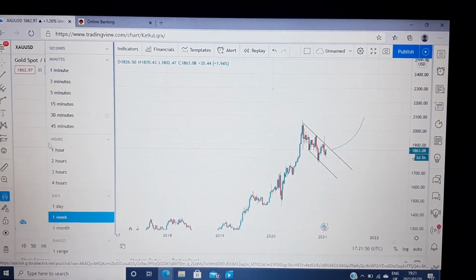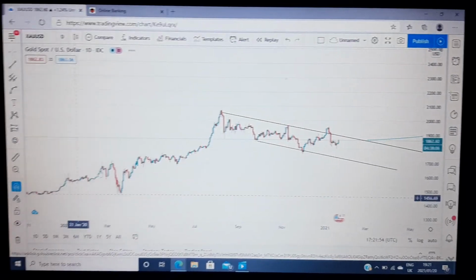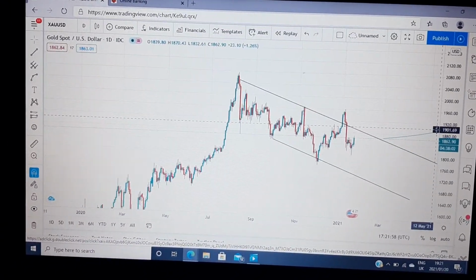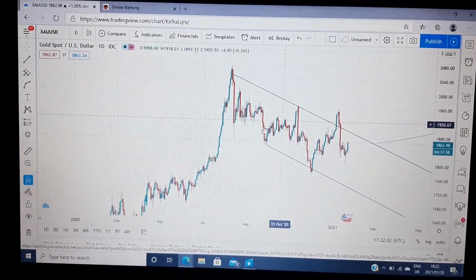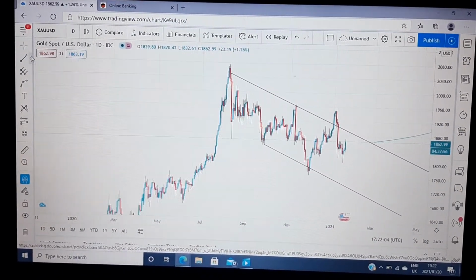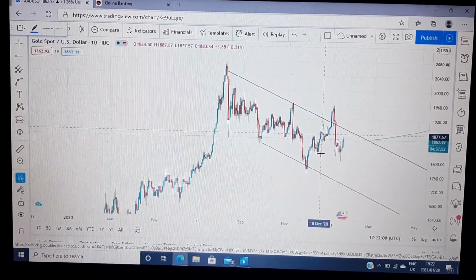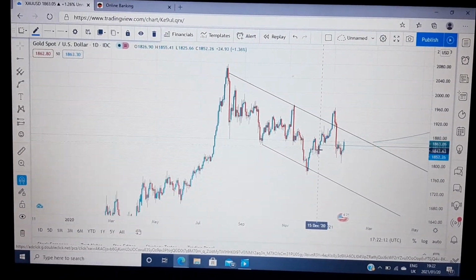So let's go on to day 1. Let me just zoom in a bit. Okay, on day 1, I'll make use of my horizontal ray on a very important zone. I just want to highlight it quick.